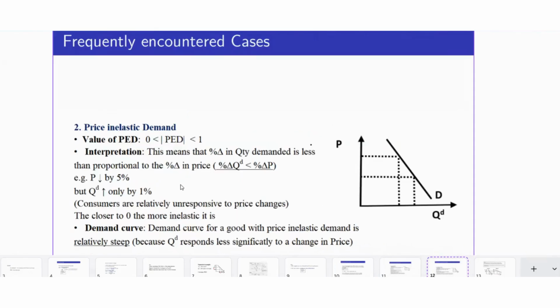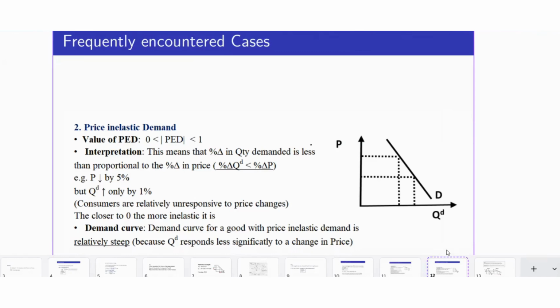But when you're looking at an inelastic demand, if price decreases by 5%, the percentage increase in quantity demanded is less than 5%, say it's just 1%. And the closer to zero it is, the more inelastic demand is. So if a good has price inelastic demand, the value of its PED is less than 1. And the closer it is to zero, the more inelastic demand is, the more unresponsive quantity demanded is to change in its price.